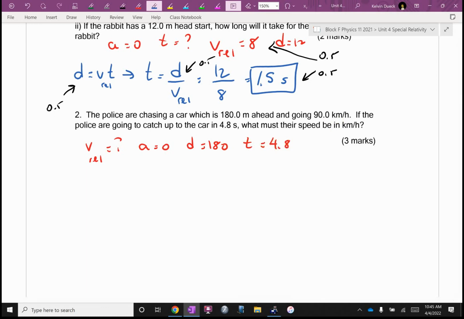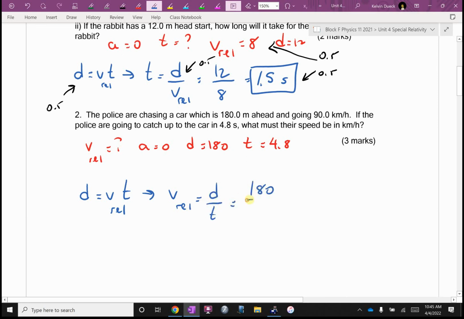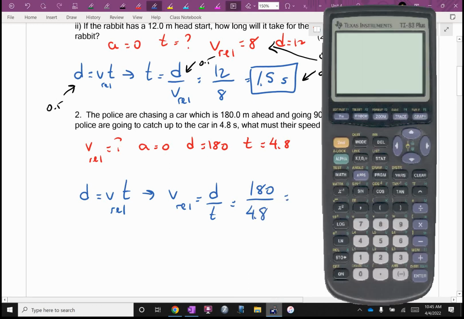I think what I can do then is D equals VREL times T plus a half AT squared. A is 0. I think what I can do is find the relative speed. It's going to be D over T. It's going to be 180 divided by 4.8.